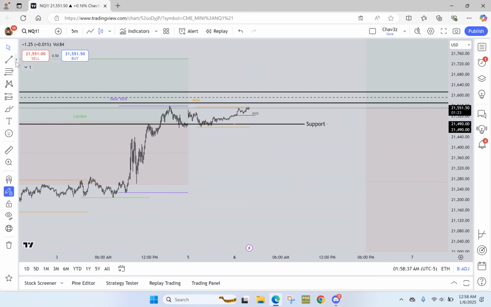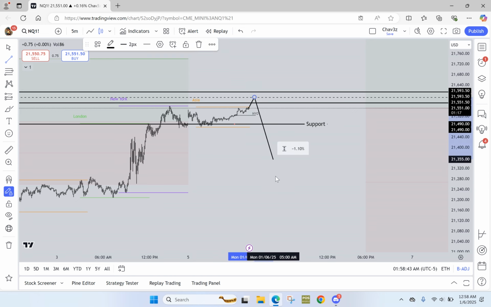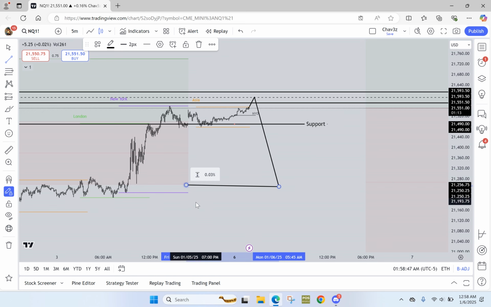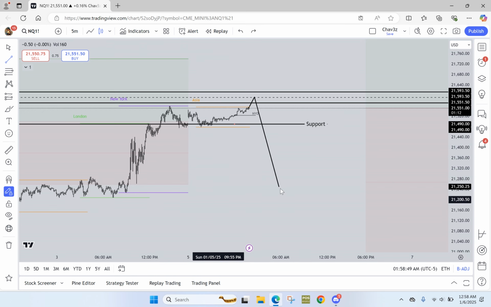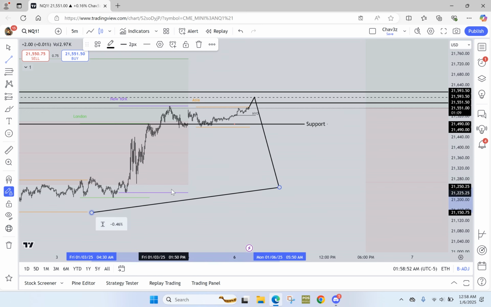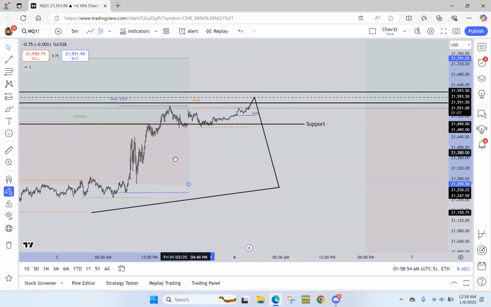So the types of trades that we have going into tonight is we reject and drop down to our discount of the previous day, which is down here. Remember this PD array right here? This is the PD array of Monday. So we want to see us pop up.